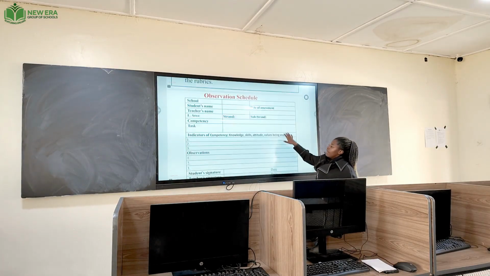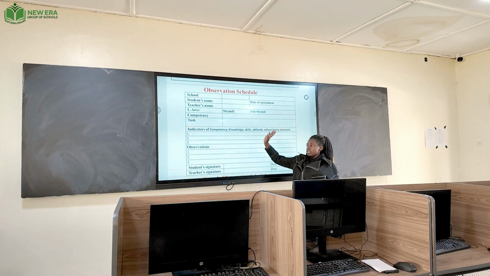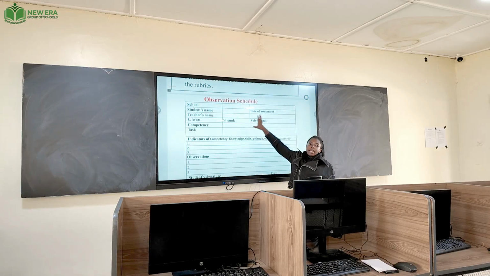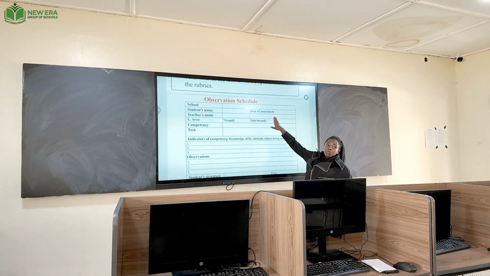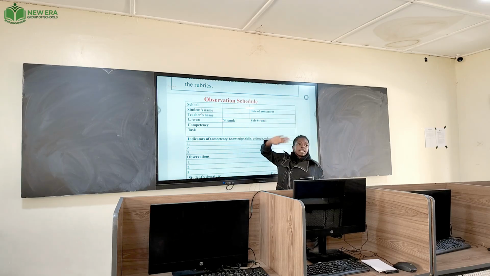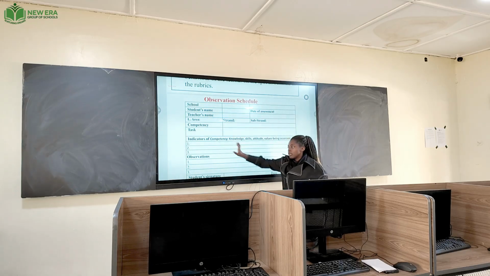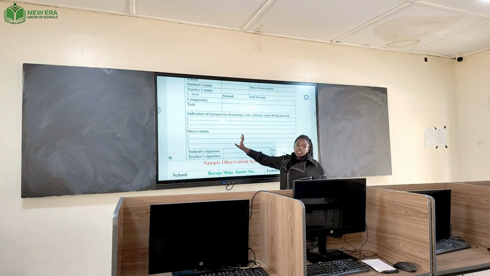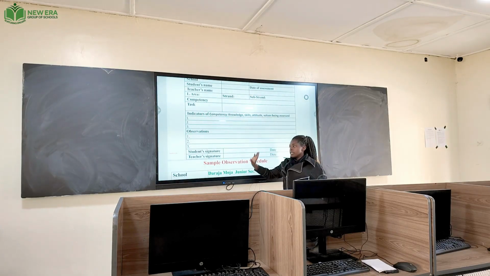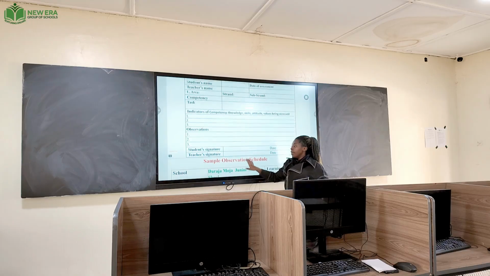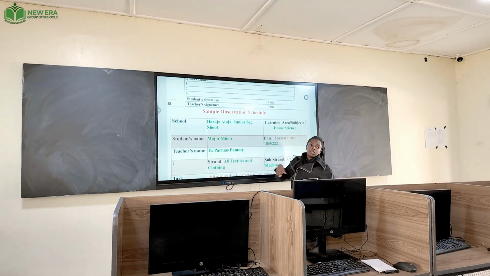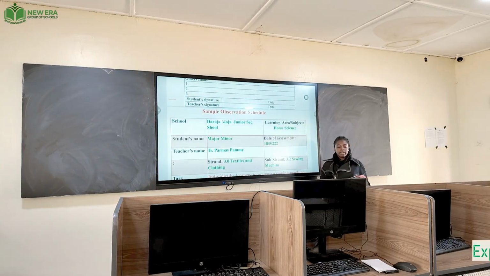So you can have the indicators of the key competency and the observation right after having the learner's details. And most importantly, you have clearly outlined the purpose of that observation. Which specific learning outcome are you aiming to assess here? You have the observations, then you can have the student's and the teacher's signature. Remember, learning is always a collaboration of the teacher and the learner.